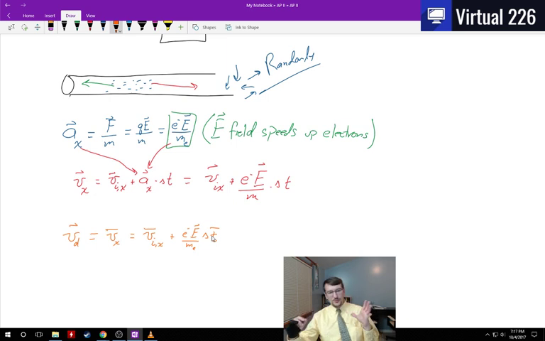Okay, so that is what the drift velocity actually is. You have electrons sitting in this wire that are being acted on by this electric field. They're all acting in random directions, but the average in a certain direction is found, and then it's also increasing based off of some acceleration. Okay?